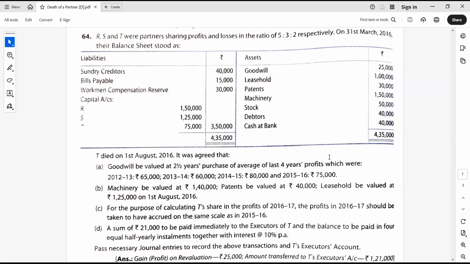A sum of 21,000 to be paid immediately to the executor of T, and the balance to be paid in 4 equal half-yearly installment together with interest at the rate 10% per annum. Pass necessary journal entries to record the above transaction and the executor account.